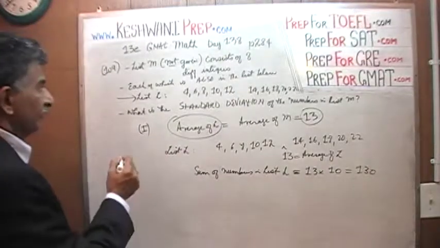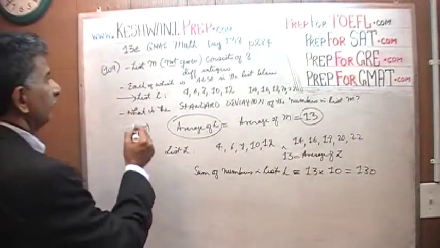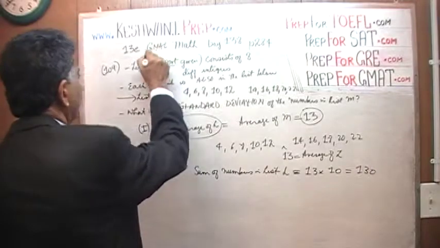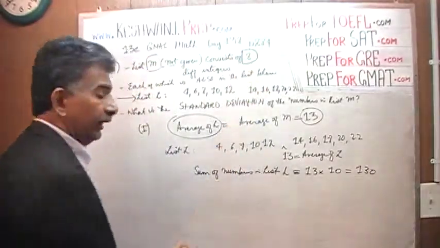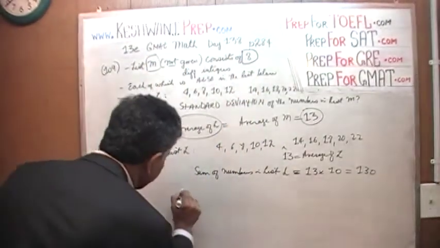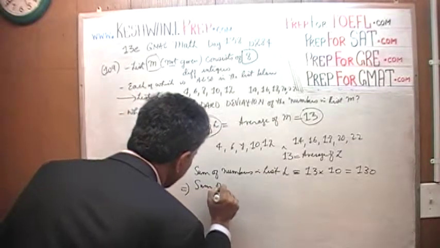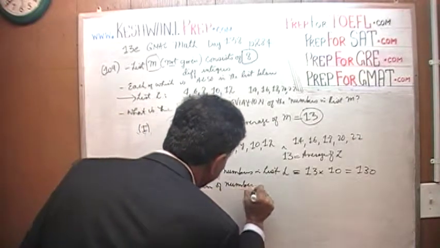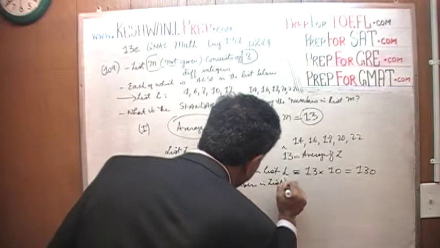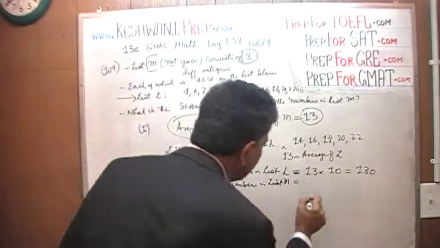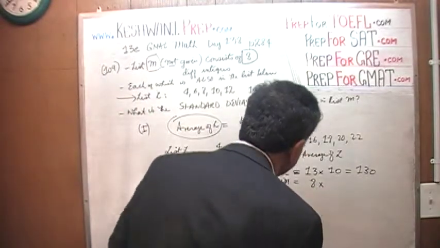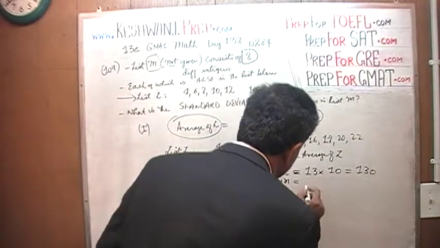Since the other list, list M, consists of 8 numbers and it has the same average, this implies that the sum of numbers in list M must equal 8 times 13, or 13 times 8 if you like.